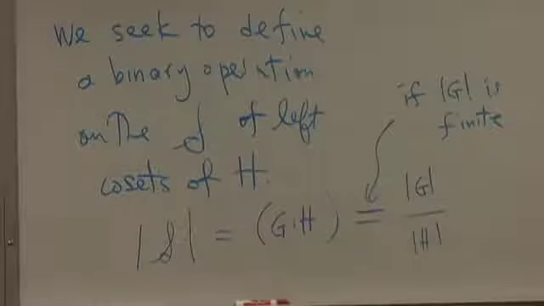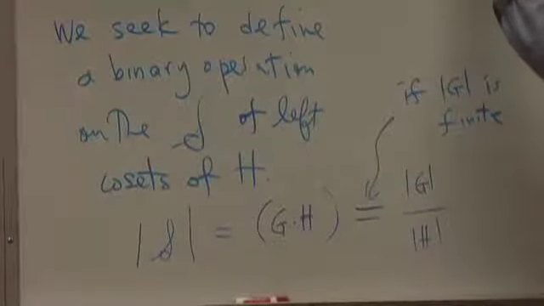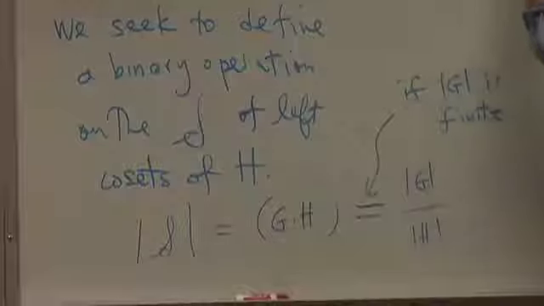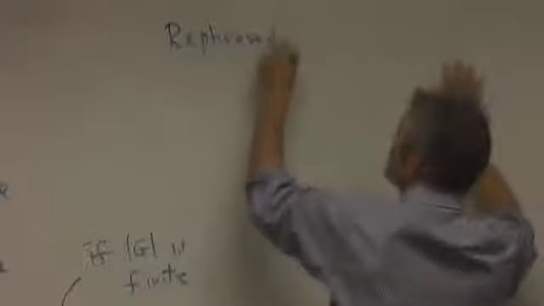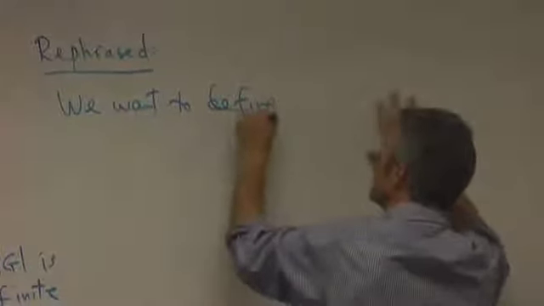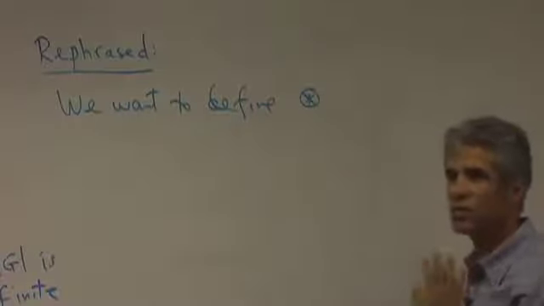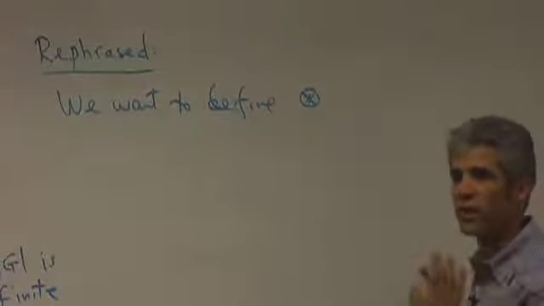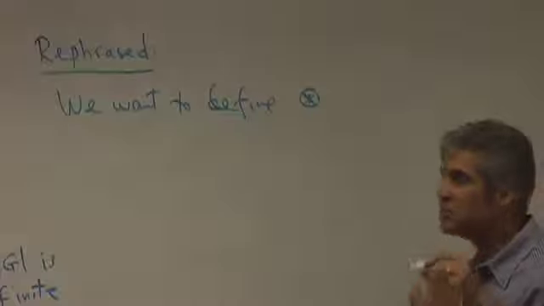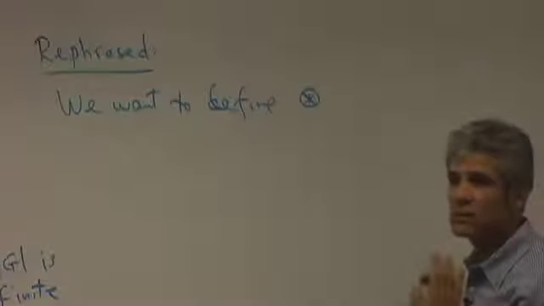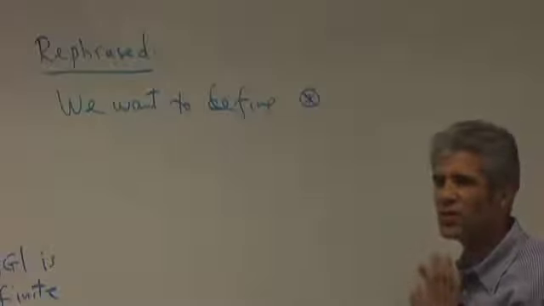So here's what we're going to do. So the goal is, rephrased, here's what we want to do. We want to define, I don't know what to call it. How about, I don't know, start with a little circle around it or something like that? I mean, it's a special binary operation. It's not composition. And it's not the star of the group necessarily.